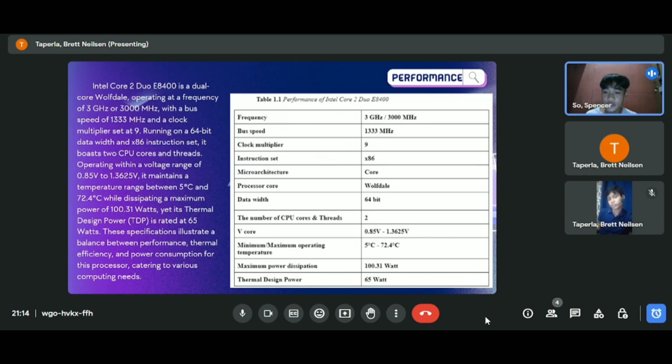It maintains a temperature range between 5 degrees Celsius and 72.4 degrees Celsius, while dissipating a maximum power of 104.31 watts, yet its thermal design power is rated at 65 watts. These specifications illustrate a balance between performance, thermal efficiency and power consumption for this processor, catering to various computing needs.